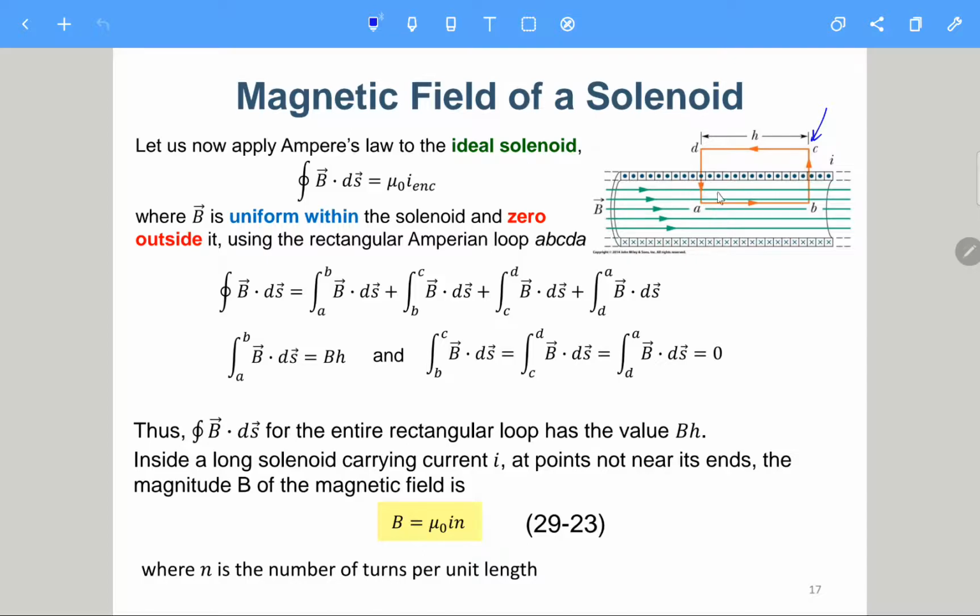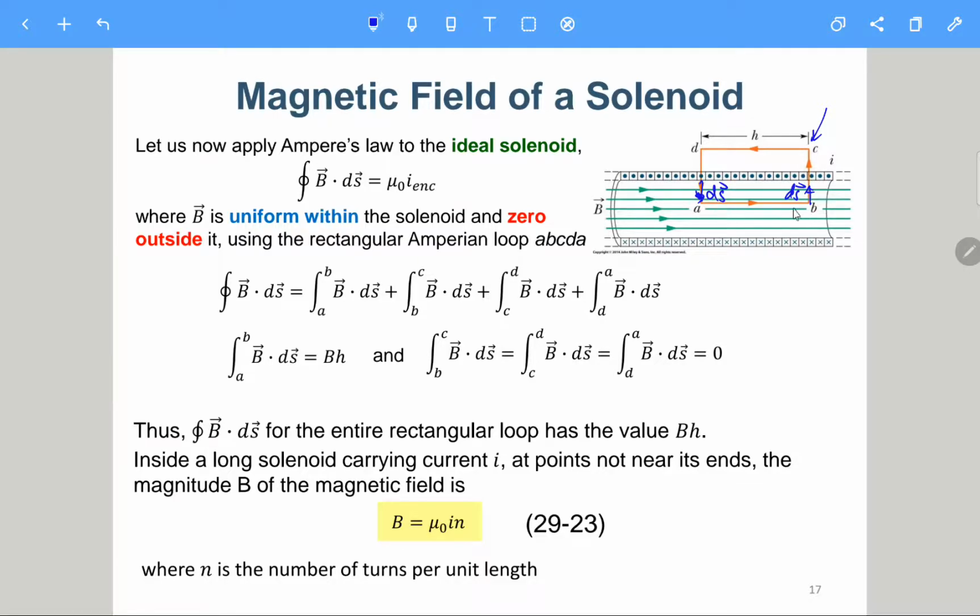Even inside the solenoid, the path element ds is perpendicular to the B field, which means that B dot ds equals 0 for this one and this one. So the integration should also be 0. So all these 3 terms are 0.